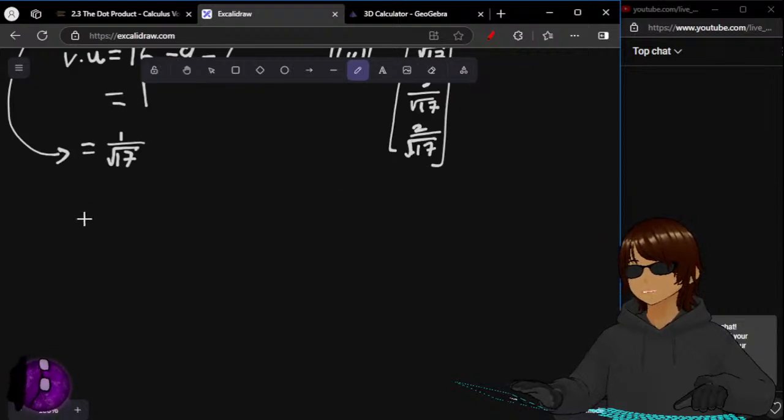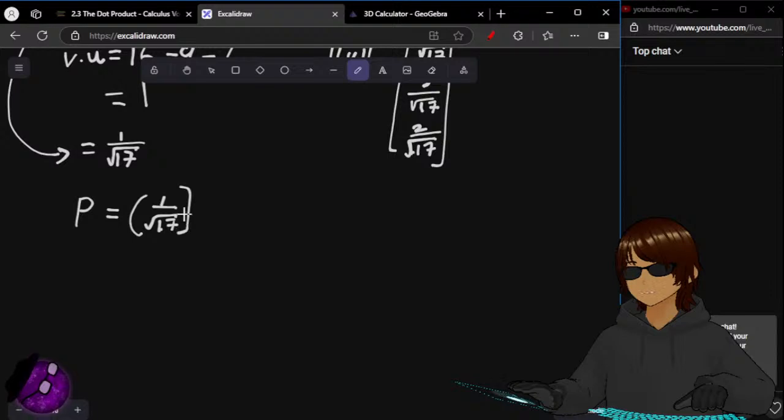And then P as a vector is its magnitude times the direction.